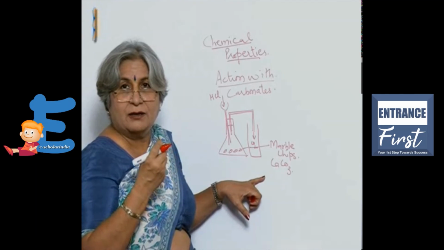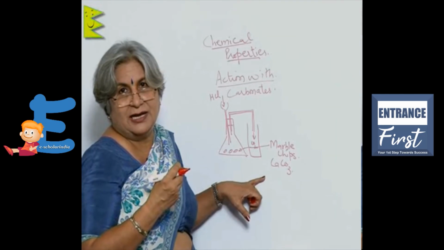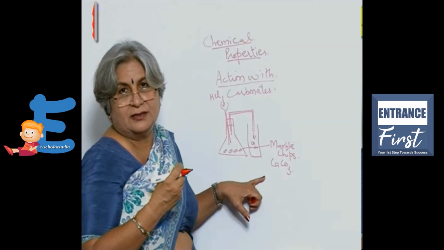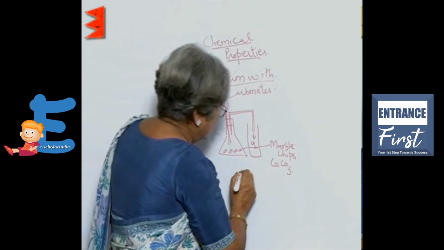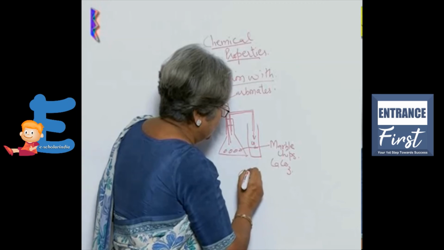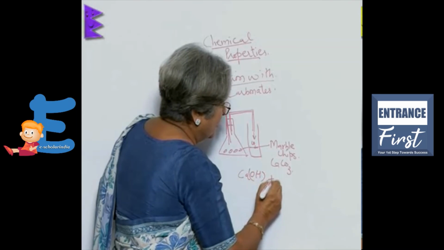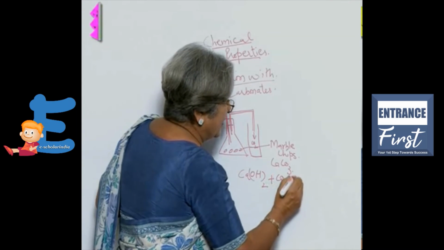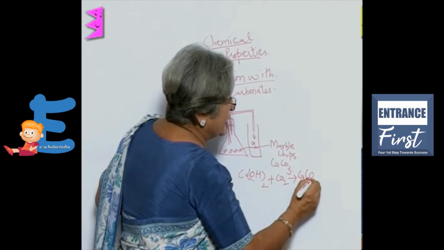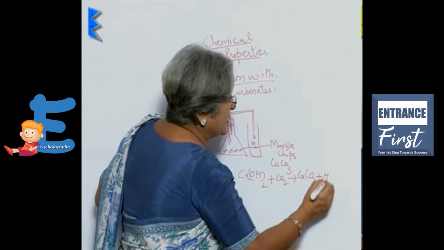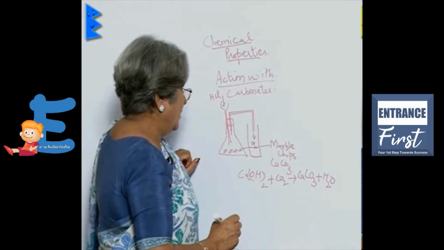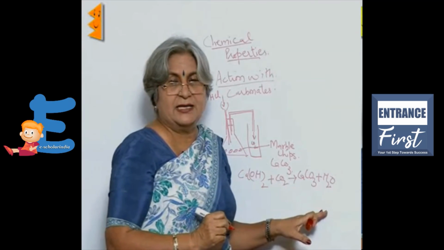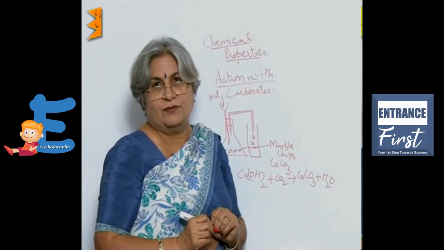Now why does calcium hydroxide, or the lime water as commonly called, turn white? Ca(OH)2, a base, combines with carbon dioxide and what we get is calcium carbonate plus water. You know, calcium carbonate is only slightly soluble in water.